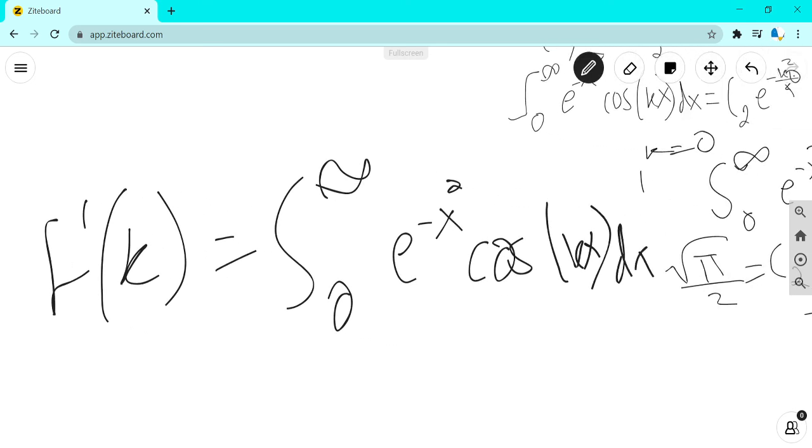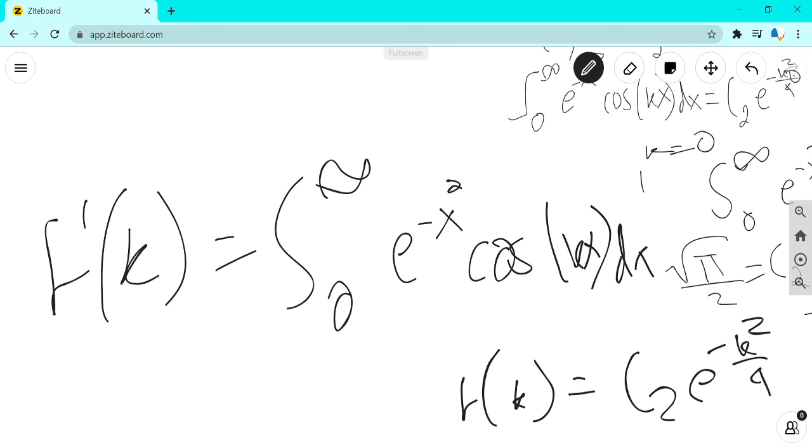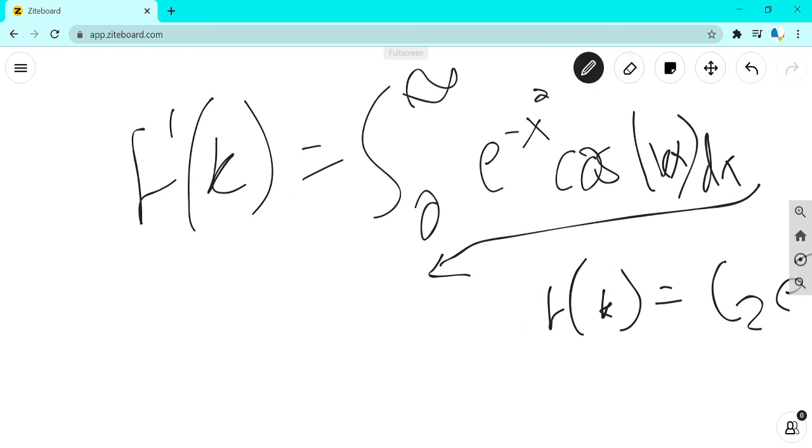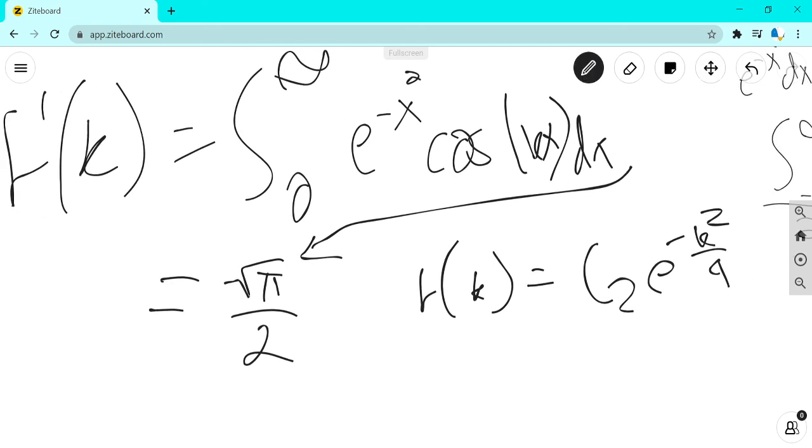But remember, we also stated that f of k is equal to c2 e to the negative k squared over 4. So that is also equal to square root pi over 2, which was our constant, times e to the negative k squared over 4.